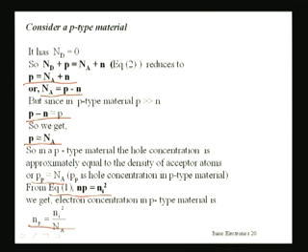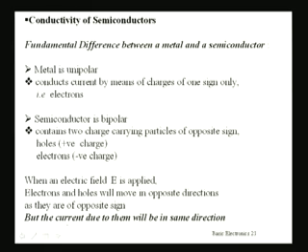Just here I am substituting in this equation Np is equal to Ni square, I am substituting this P with Na. Then I get this N equal to Ni square by Na.